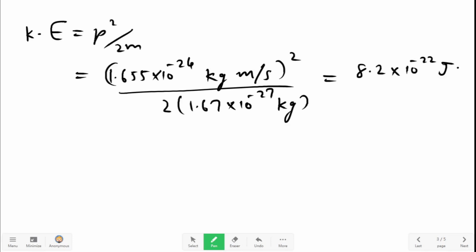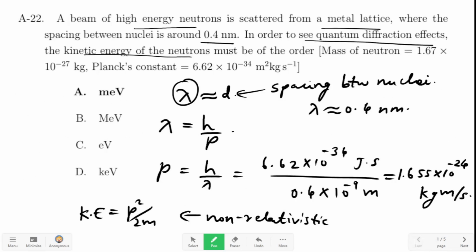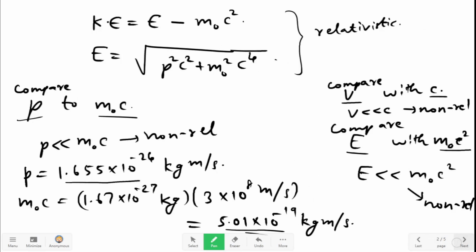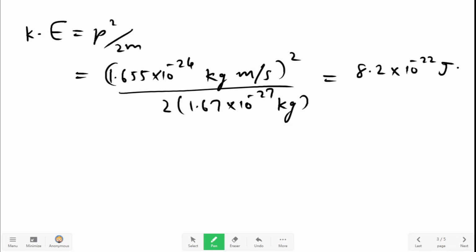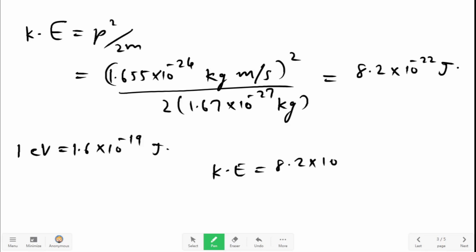Now we have to find the kinetic energy in terms of eV. 1 eV is equal to 1.6 times 10 raised to minus 19 joule. Therefore, kinetic energy is equal to 8.2 times 10 raised to minus 22 joule divided by 1.6 into 10 raised to minus 19 joule per eV.